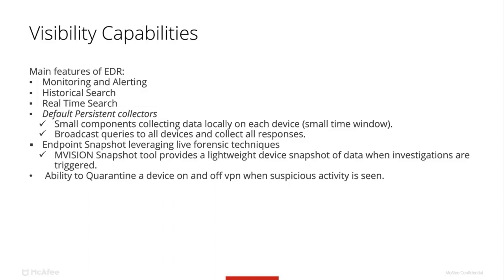While this alerting dashboard provides more of the single or individual alerts, we also have the monitoring dashboard, which will show you groups of these alerts that are aggregated by hash or command line of the process that triggered the threat.